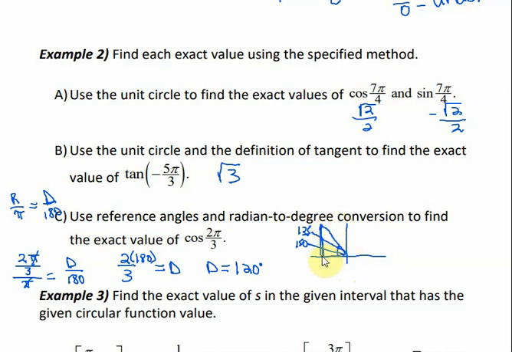This distance right here, this is short, this is long. So my x is the short guy, so that would be 1/2. But we're going to the left, so it would be a negative 1/2, which is a whole long way to go around to find that exact value rather than just thinking about your unit circle. So it's a lot quicker to learn your unit circle, find out which ones are the 1/2s and the square root of 3 over 2's and the square root of 2 over 2's, and then be able to find the exact measure of those.